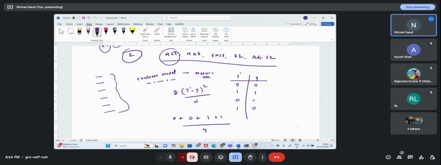There are 4 points, so 1 plus 1 divided by 4, that is 2 by 4, which is 0.5. The mean square error is 0.5.